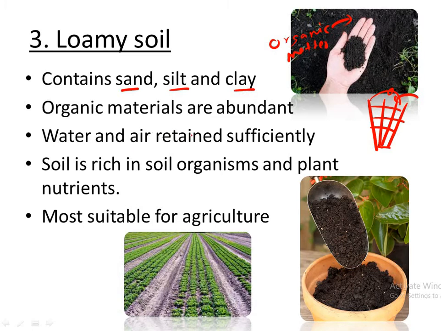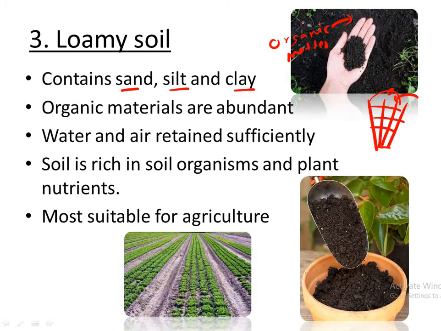Anyway, water and air are retained sufficiently. That means both are balanced in this scenario. Soil is rich in soil organisms. Now here you will get lots of soil organisms, which we are going to talk about further on in the next video. And since it's rich in soil organisms, it's going to, like I said earlier, help with the decomposition of plant and animal waste and produce organic matter, which is going to make this loamy soil quite rich, which is going to be very useful for the growth of plants.